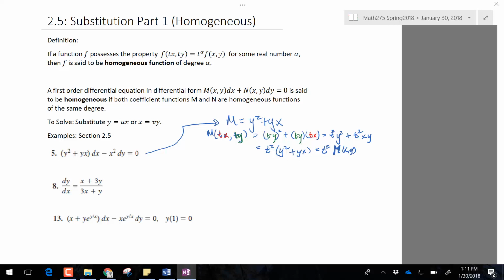So let's try to figure out if N is also homogeneous. I'll skip a few more steps here because it's a simpler function. But we see that it's also homogeneous. And not only that, it's homogeneous with the same power.